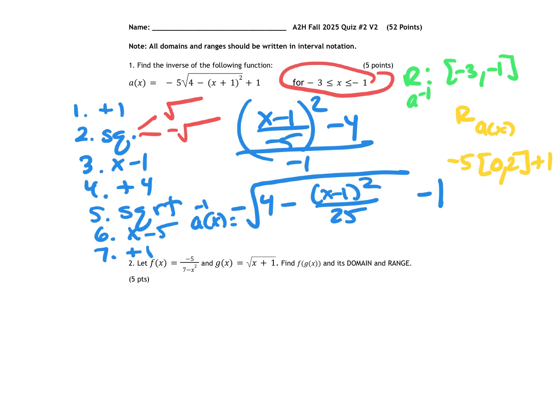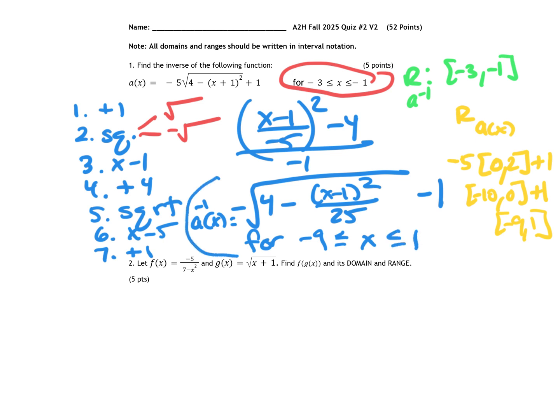And multiplying both of those by -5, I'd get -10 to 0, and then adding 1, it'll be -9 to 1. So my domain restriction for this inverse will be for x being between -9 and 1. And so this whole thing is your inverse.